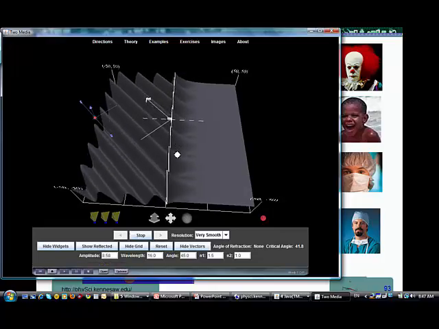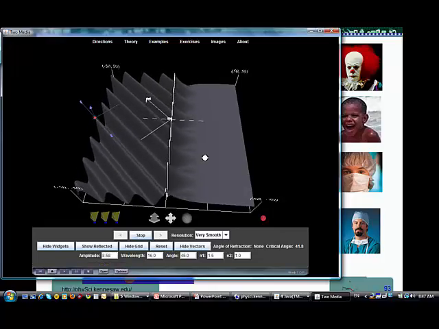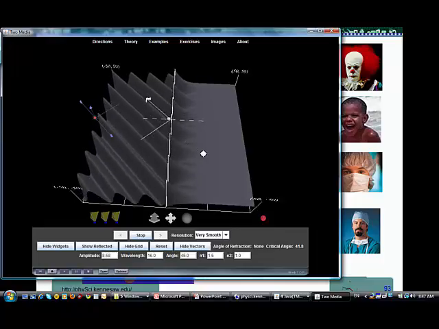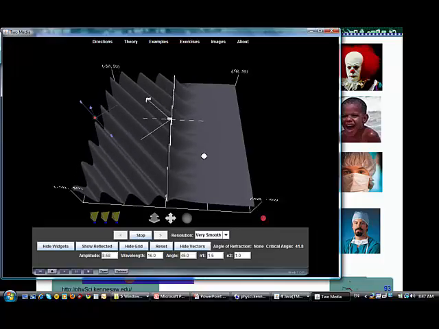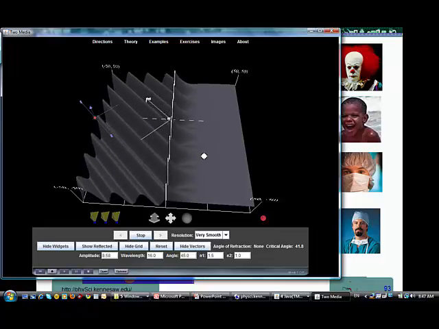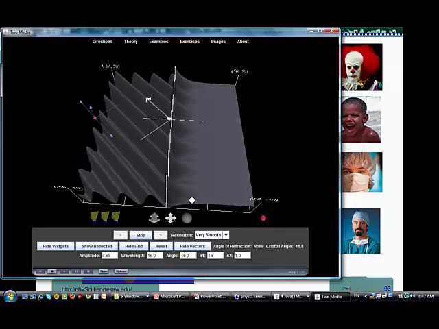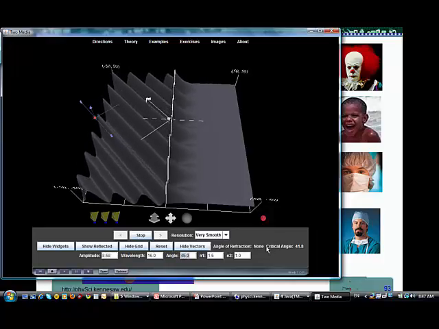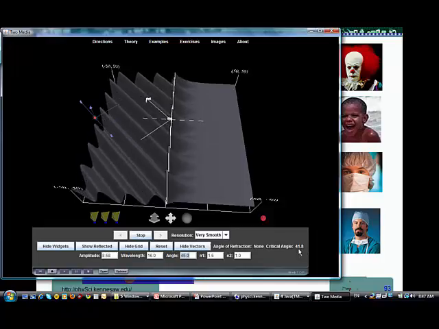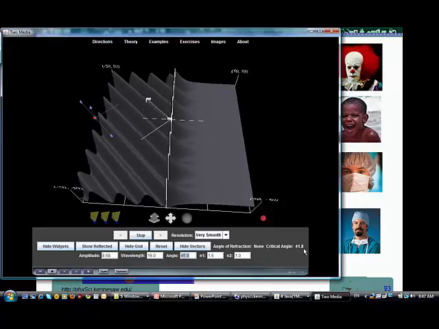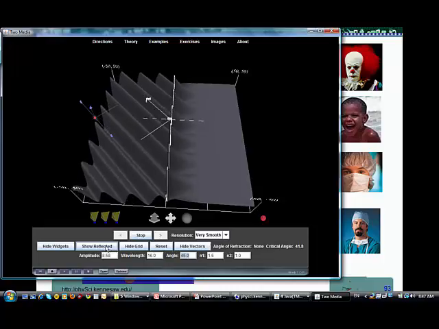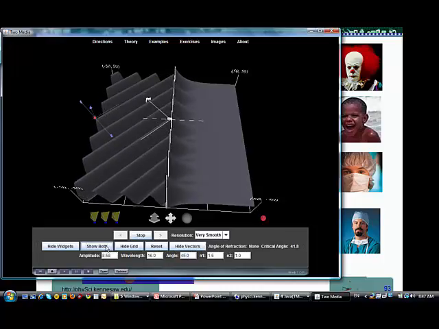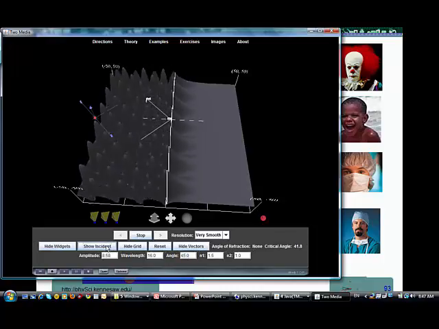So actually you notice here there is a slight penetration of the wave into the new medium. It's not a clear cut, no penetration at all. And this is for an angle of incidence 45 degrees, larger than the critical angle, which is in this case 41.8 degrees. Okay. Now, of course, I was showing you here both beams.